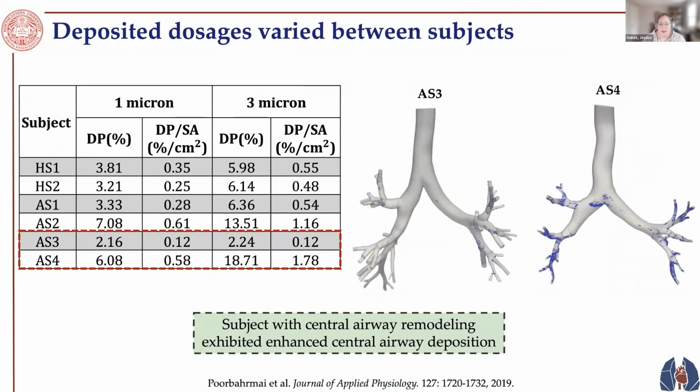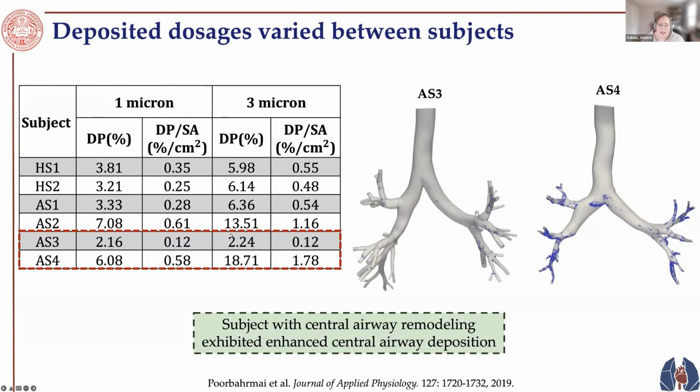Next, we looked at the deposition within these 6 subjects. And we noticed that for, again, these 2 severe subjects with similar SVDPs, AS4 had a substantially larger amount of deposition in their central airways compared to AS3.